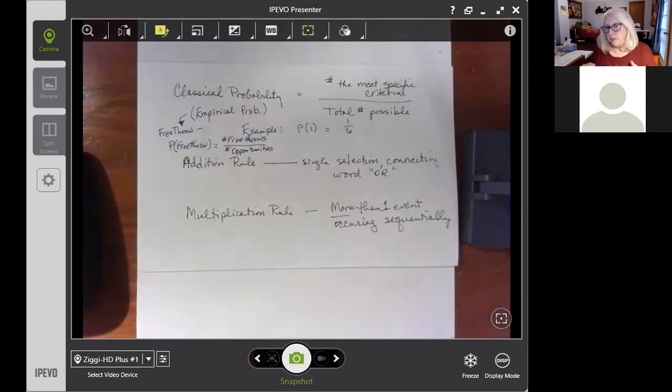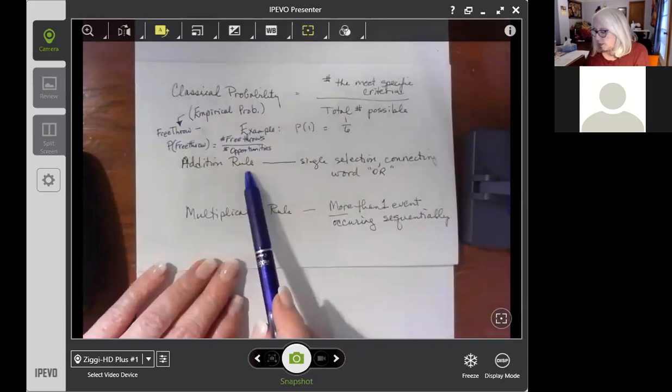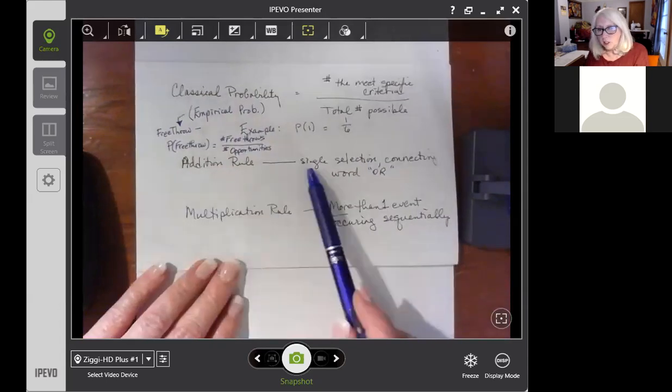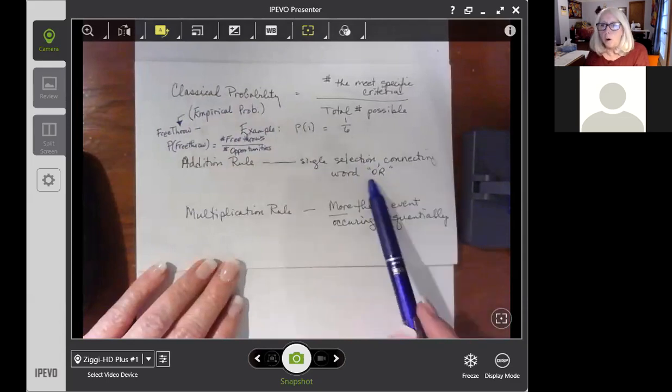So the clearest way of stating it is that when you have a problem that should be addressed using the addition rule, it's because there's a single event or selection, and the connecting word has to be or.